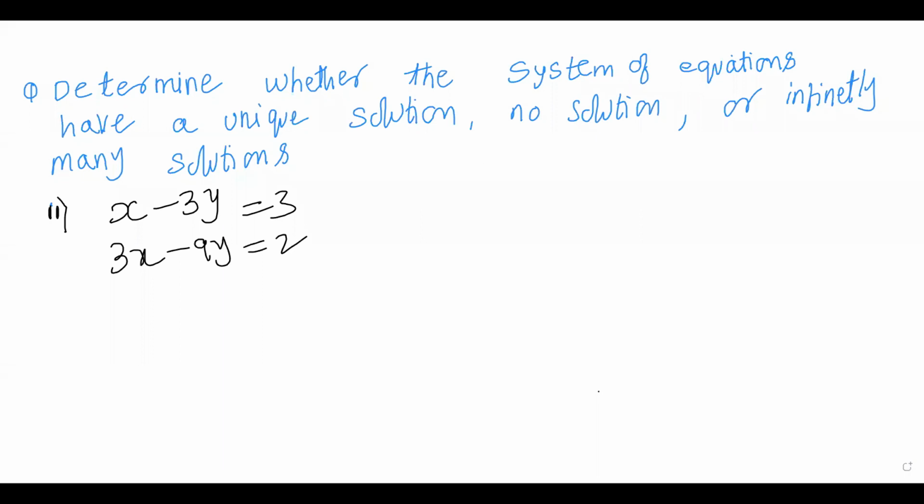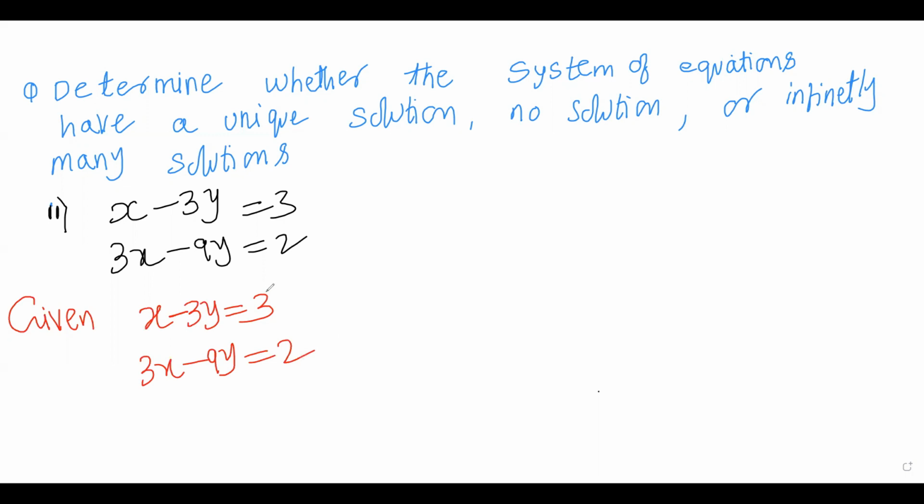First of all, two linear equations are given. He is asking whether these equations have a unique solution, no solution, or infinitely many solutions. First of all, write down the given equations. The equations are x minus 3y is equal to 3, and 3x minus 9y is equal to 2.